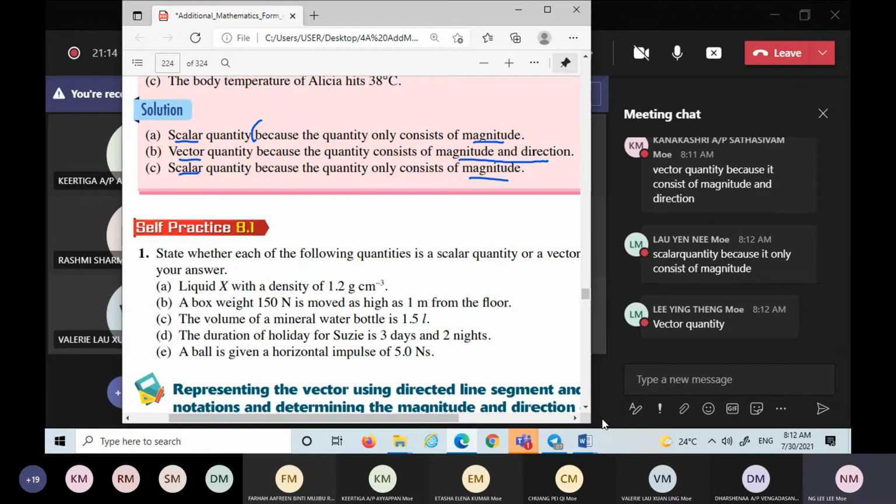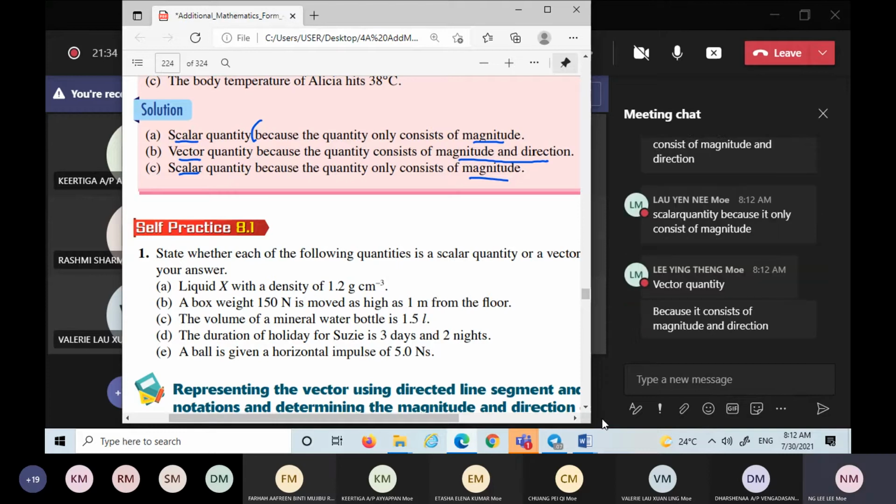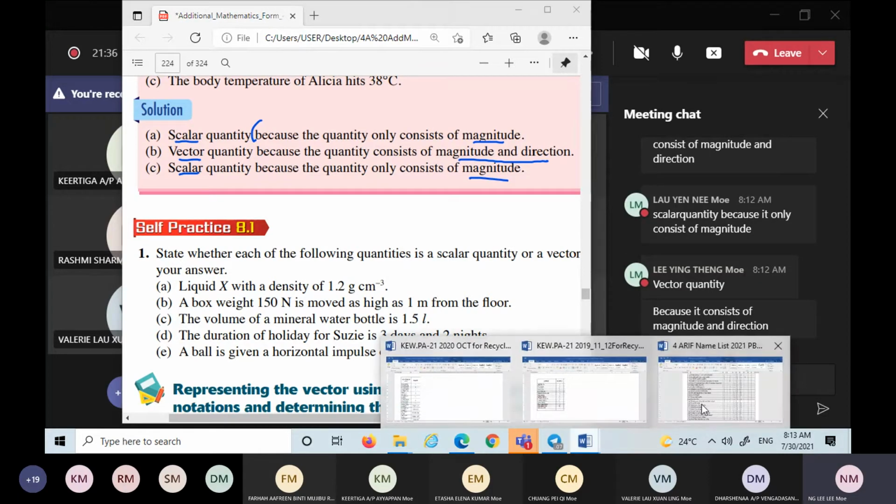I know you all know how to justify, but I still want you to write it out. How to justify your answer? Magnitude and direction.